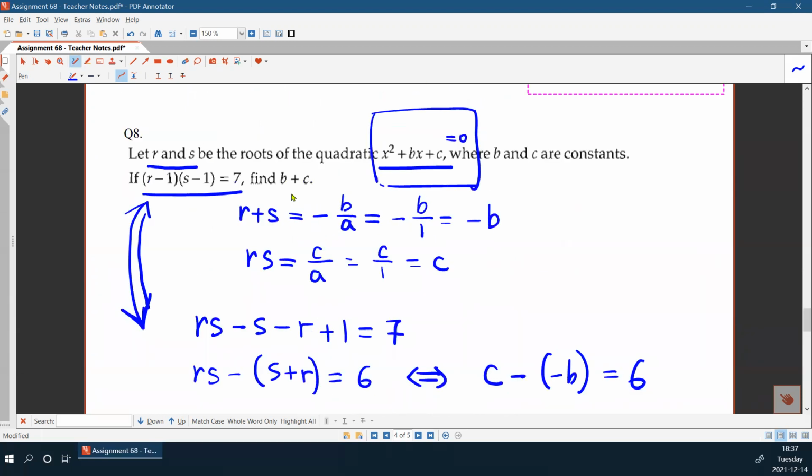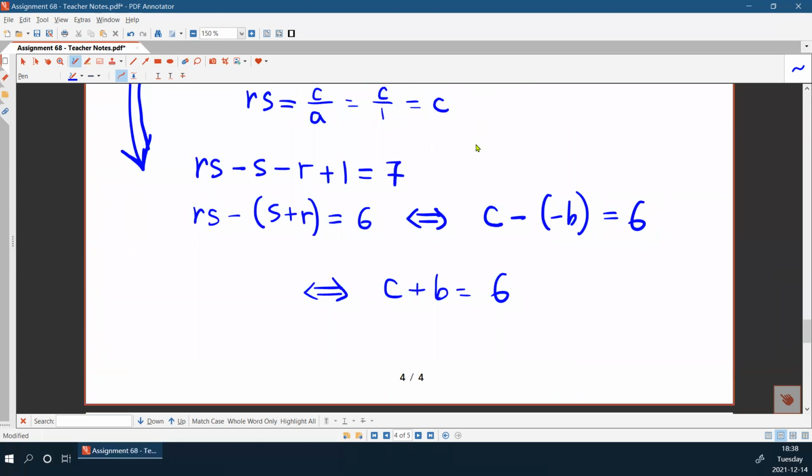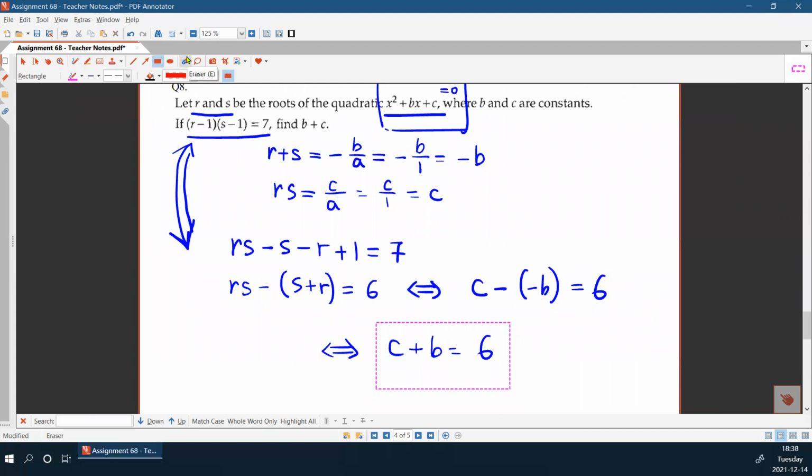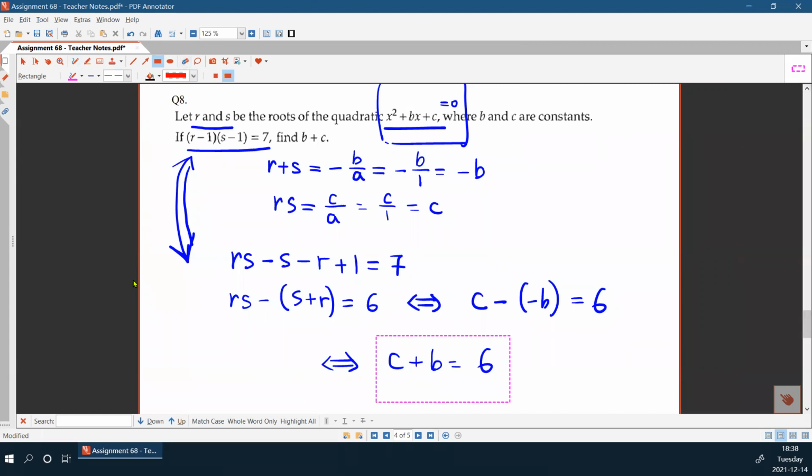Which is what the question asks us to find. So b plus c is 6. You follow me? Okay, so please spend some time to correct your solutions and let me know if you finish, okay?